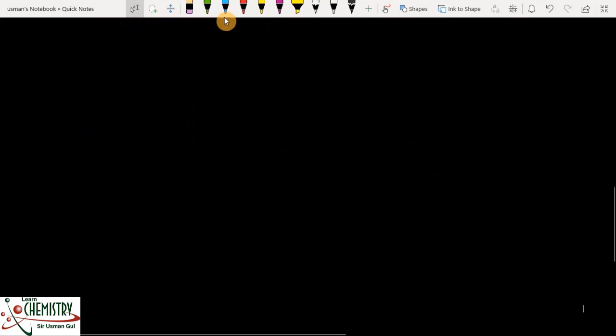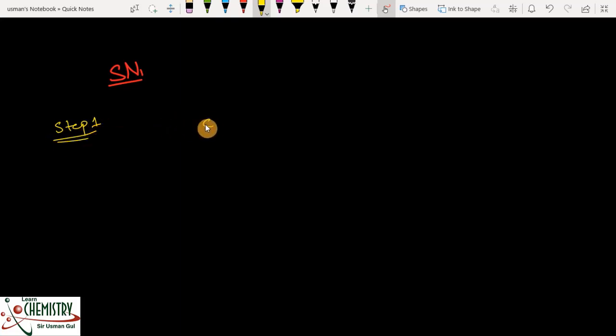Now let's talk about the SN1 reaction mechanism. The difference in SN1 is that this reaction mechanism occurs in 2 steps. Step number 1: let's suppose this is an alkyl halide.